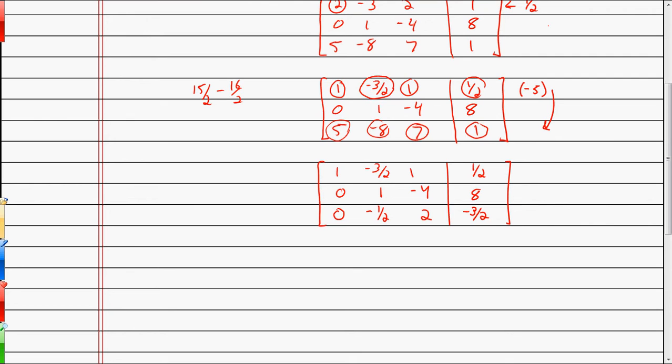Instead, I need to multiply this row by 1/2 and add it to that row. Let me do it over here on the right. I'm going to multiply this by 1/2 and add it to the third row. So I'm just going to transcribe the first row and the second row.